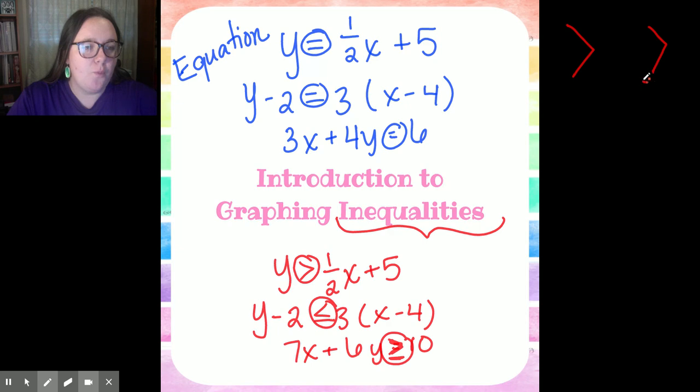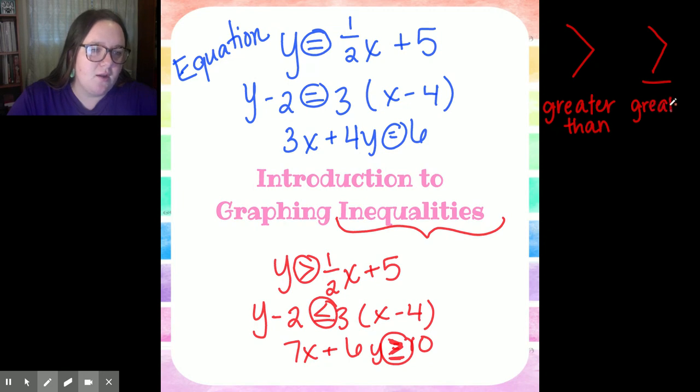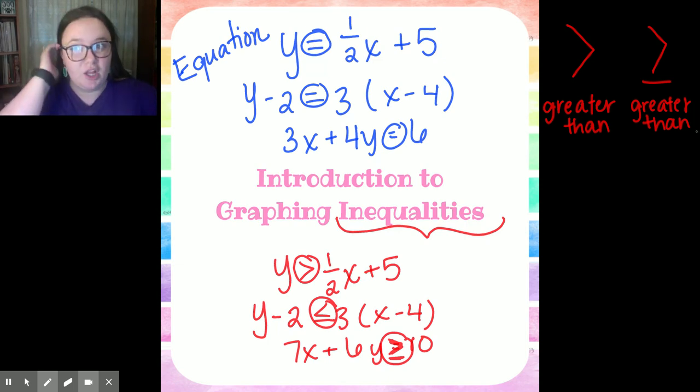And they are opening up to the left there. These that are opening up to the left are greater than. This one is a greater than. This one is also a greater than because it's also opening up to the left, so it's still a greater than. But that little line underneath makes a difference, and we're really going to learn about that difference.